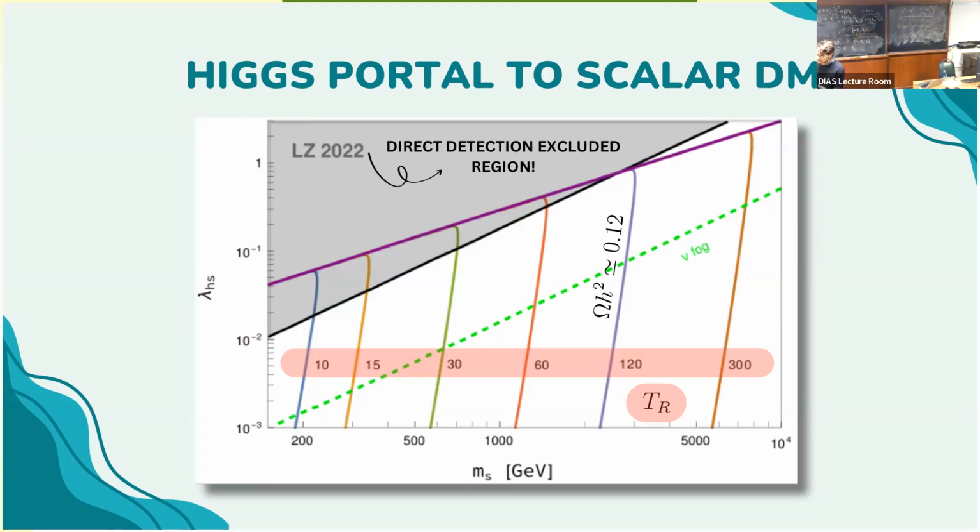Right, if you assume instantaneous reheating, then yes, because you create the thermal bath and then you can go on with the normal thermal history. Because we have no experimental information about anything at GeV-level temperatures. Well, I'm surprised that we have only tens of MeV.